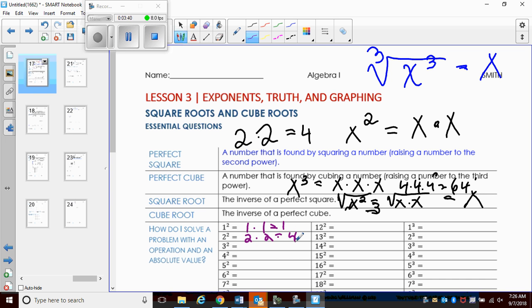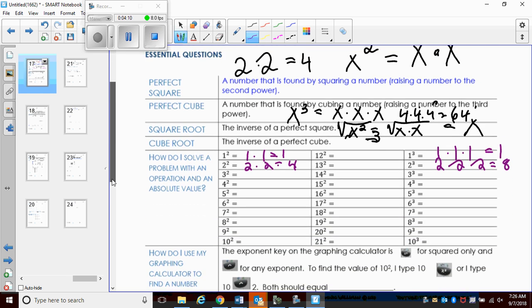When you get to the cubes, you're going to have 1 times 1 times 1. That's 3 ones equals 1. 2 times 2 times 2 equals 8. So complete the whole table. The purpose of this is to get practice using the factors, understanding the factors and how they work with powers, how they're the same.